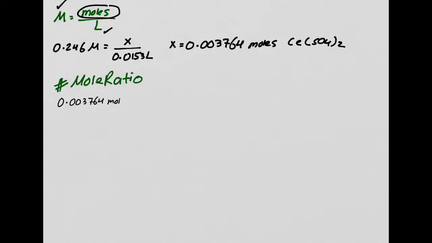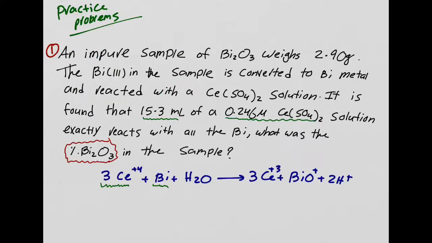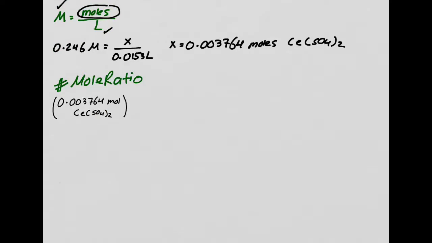0.003764 moles of cerium sulfate. Okay? Now, I need to somehow get to cerium plus 4. So I don't want the moles of cerium sulfate.